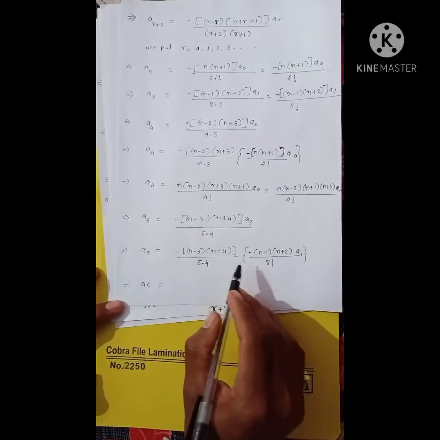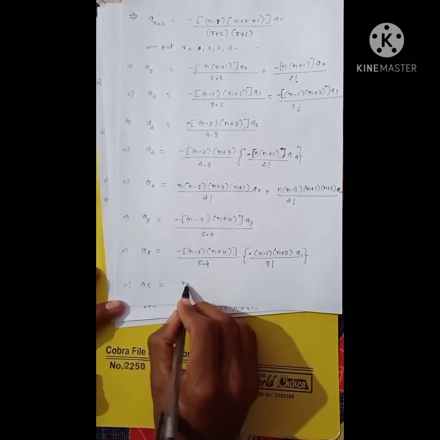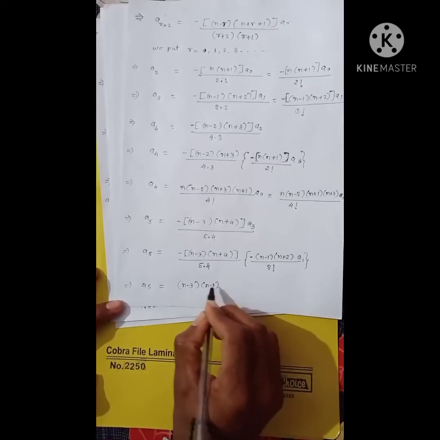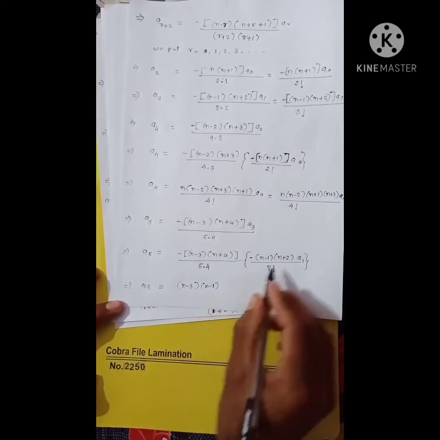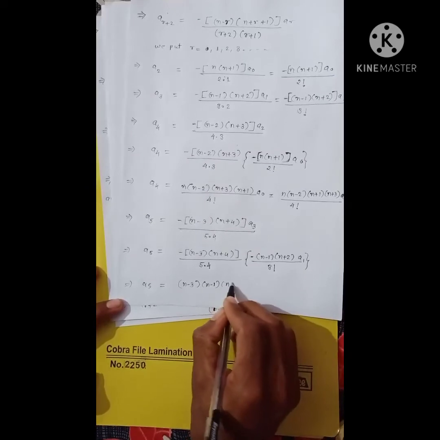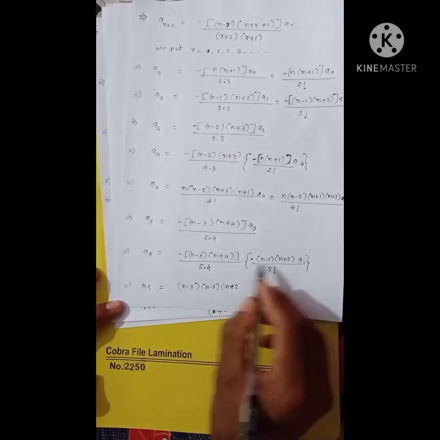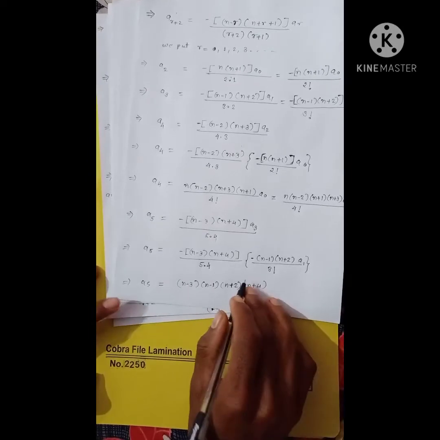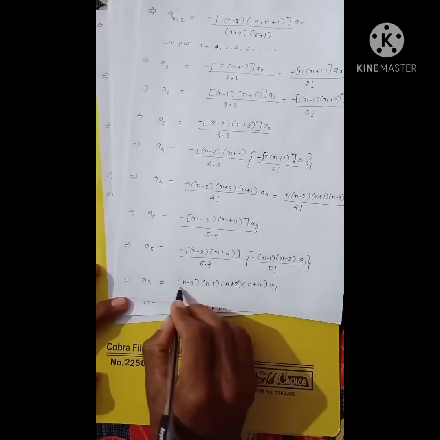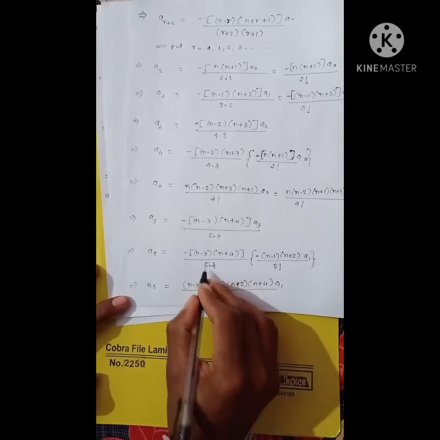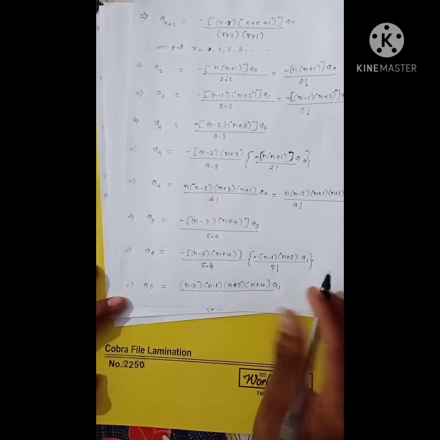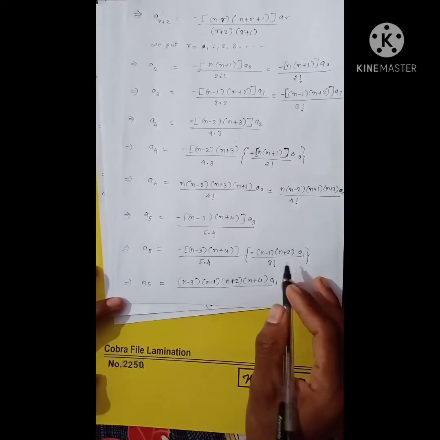So (n minus 3) into (n minus 1) into (n plus 2) into (n plus 4) into a1 upon 5 into 4 into 3 factorial. 3 factorial means 3 into 2 into 1.